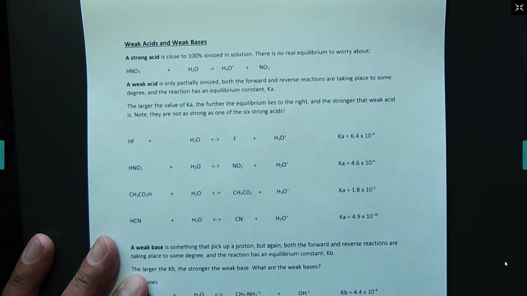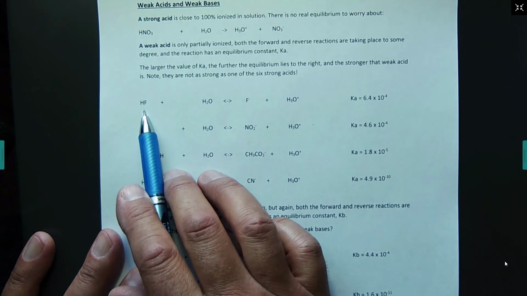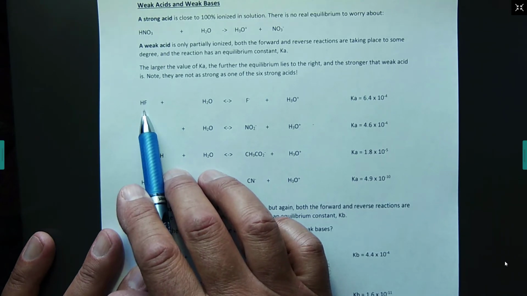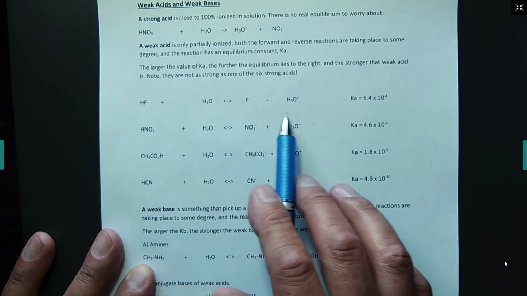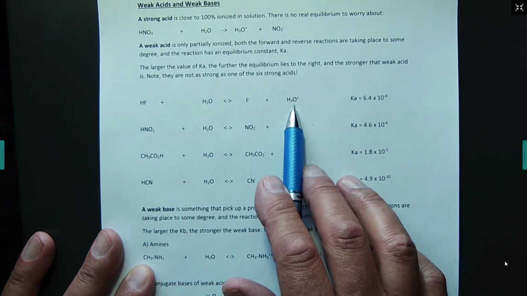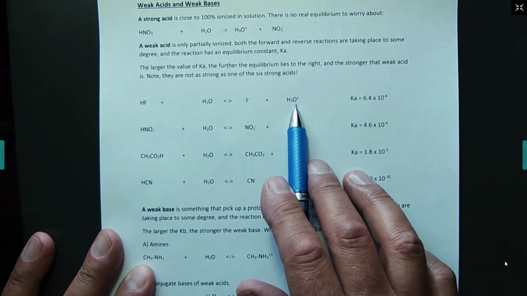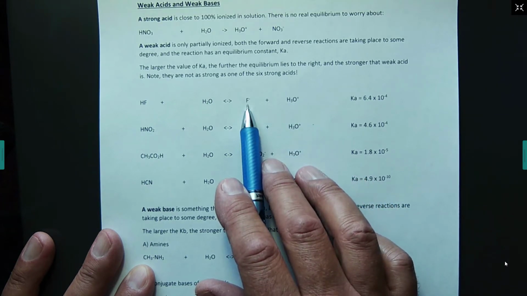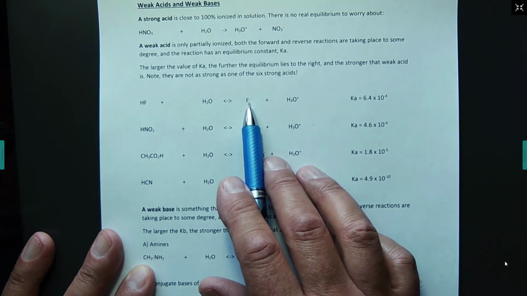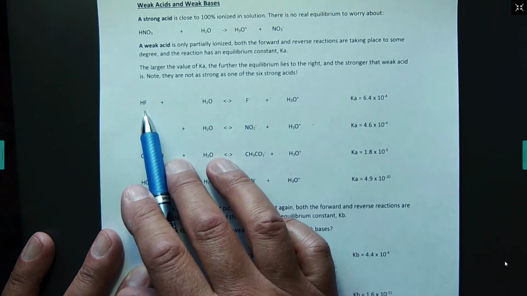It's an equilibrium thing. So here's some weak acids for you. Hydrofluoric acid, HF. You put it in water. Yeah, it tries to transfer that proton to the water. Yeah, obviously you go from here to here. You've transferred a hydrogen ion to the water. But guess what? The reverse reaction can occur as well. This fluoride ion can remove a hydrogen ion from here and you go right back to where you started.